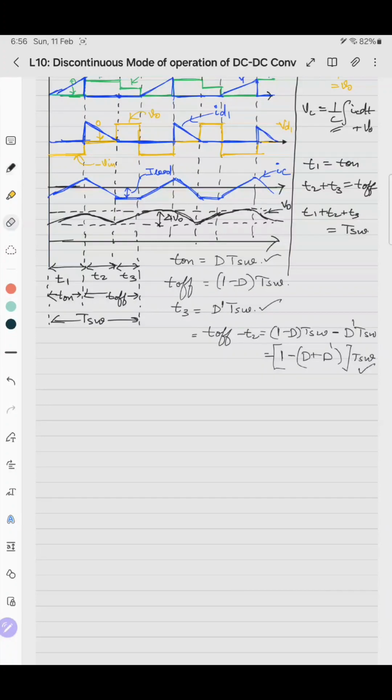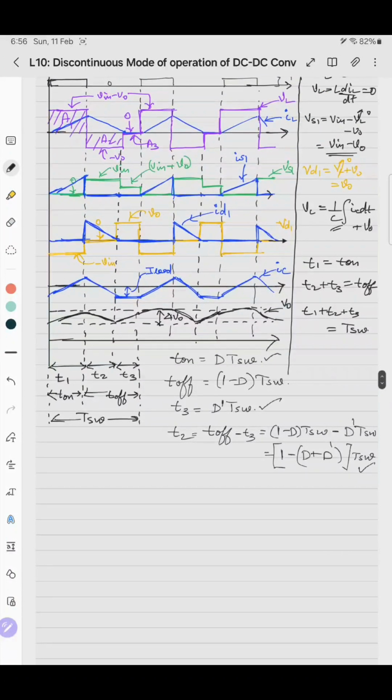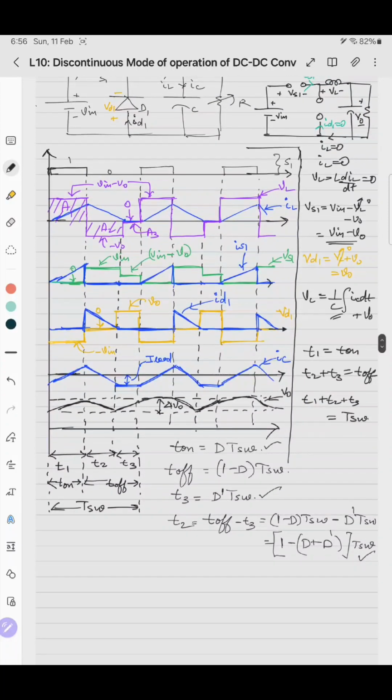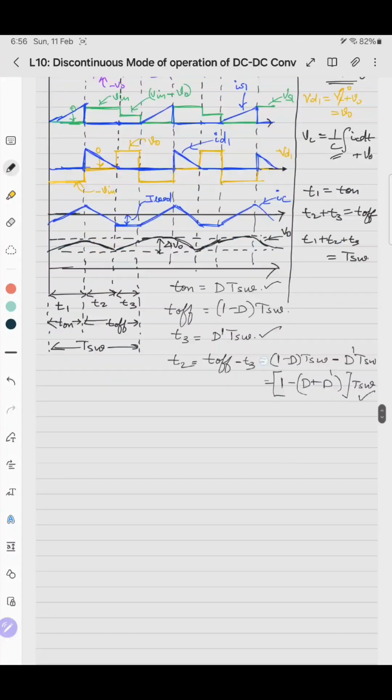So T3, T off minus T3, which is T2. So T2 is 1 minus D plus D dash into T switching, because T1 is D into T switching. T2 plus T3 is T off, which is 1 minus capital D into T switching. We assume that the last time, that is T3, is some D dash T switching, because that is the additional term which came. So T2 we can write as T off minus T3.